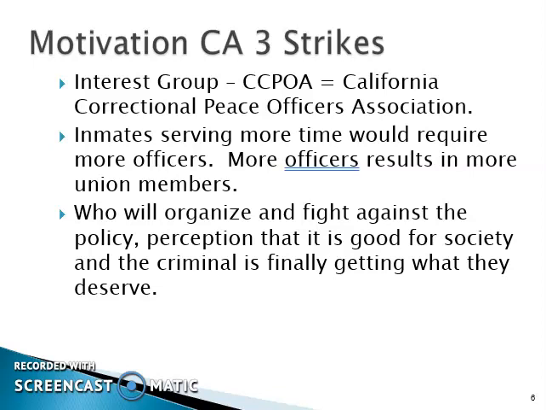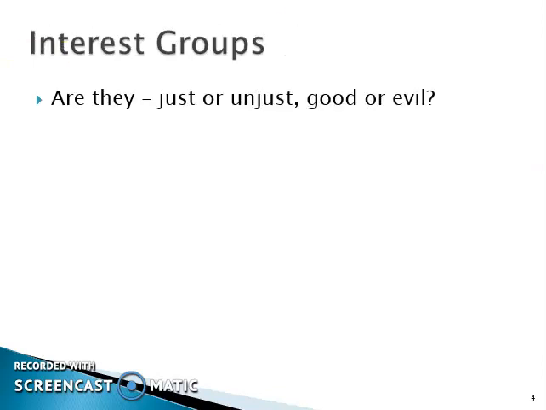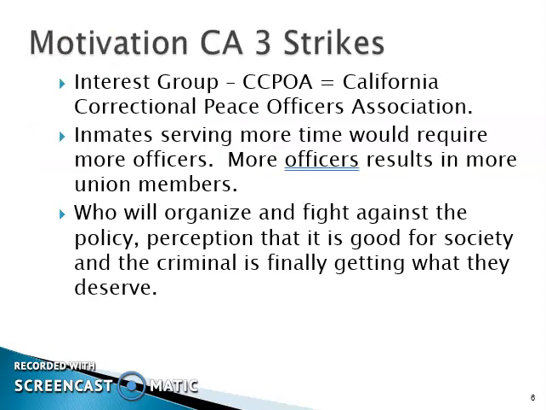So you can see here, if you go back to our question, are interest groups just or unjust, good or evil? From the perspective of some, this California three strikes law really just appears to be an attempt by an interest group to influence policy for the benefit of their members, and one of those benefits was higher pay, because now they had the means to put pressure on the legislature, because their organization was larger.